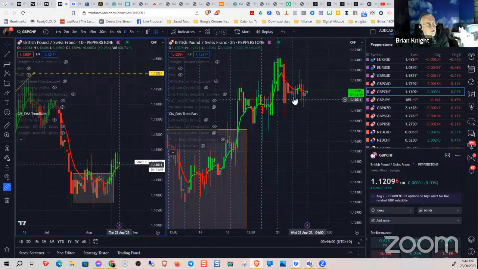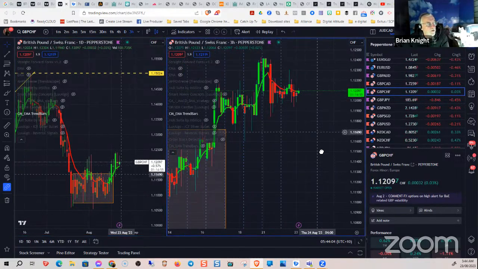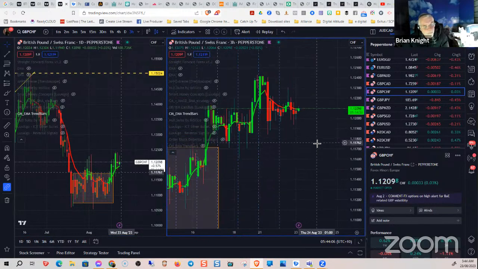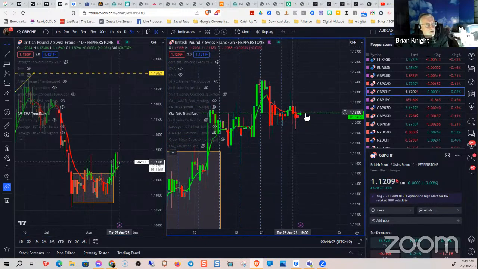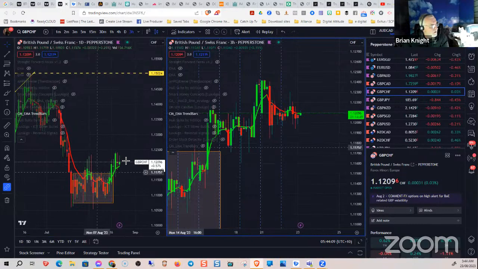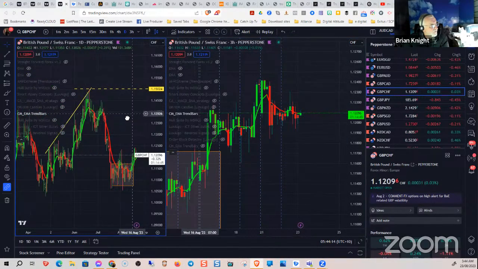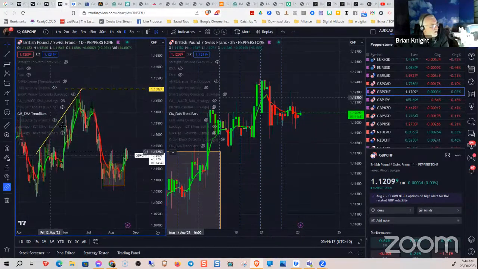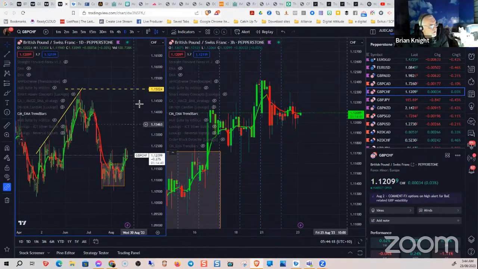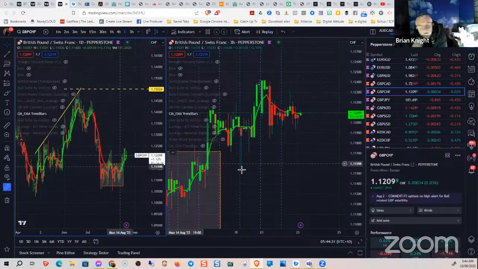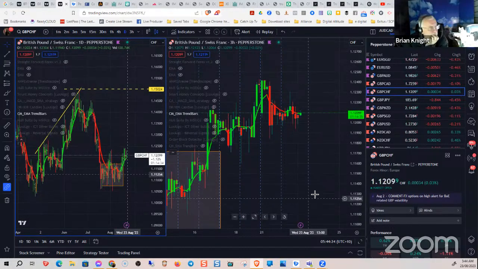So I never changed it. And yes, it did drop down, but it's sort of just gone sideways at the moment on the 3 hour. So I'm just staying in that, continuing that buy at this point, because it is more sort of MW style from a daily down to the 3 hour. That's all.